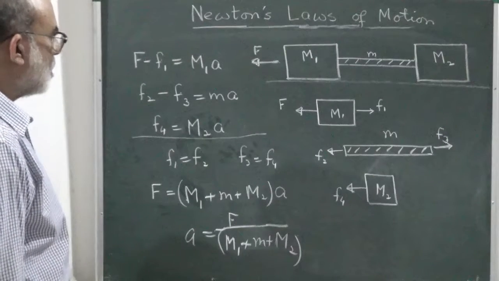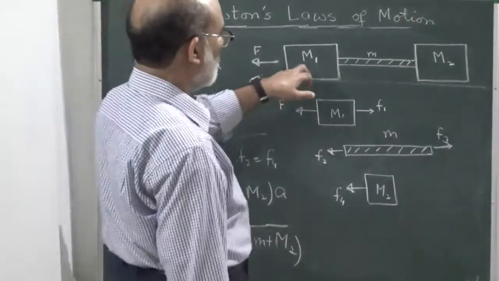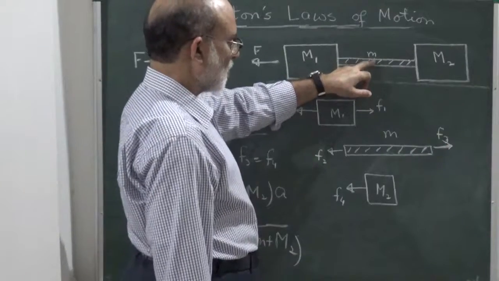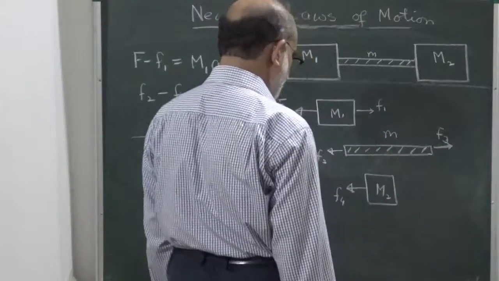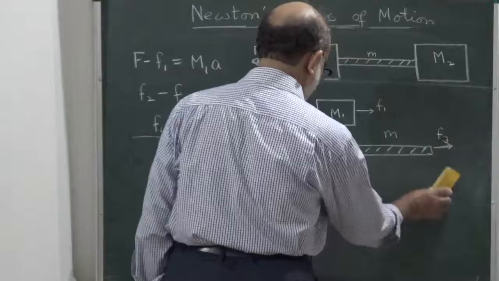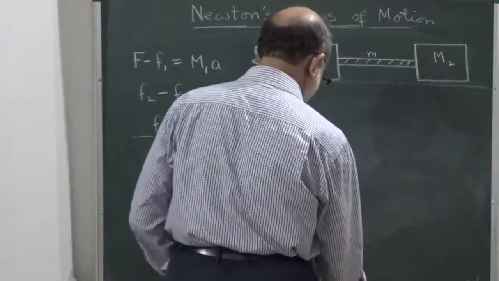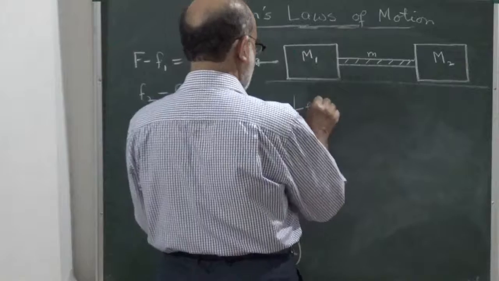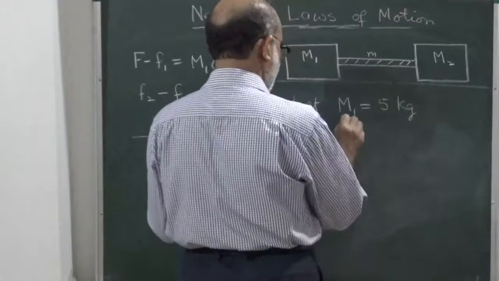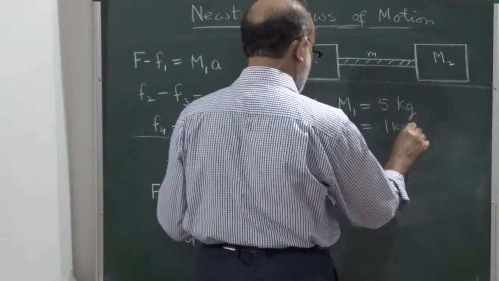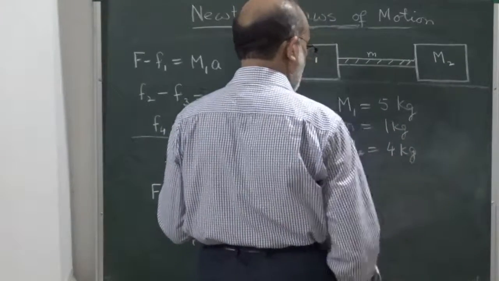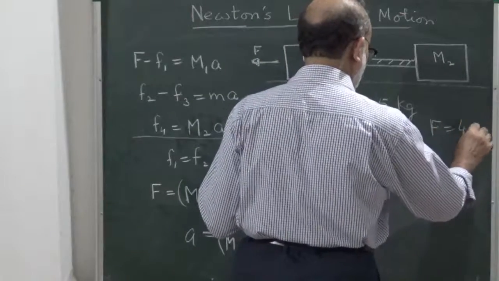If you take a numerical, suppose the masses are given: M1 is 5 kilograms, the mass of the rope is 1 kilogram, and the mass of the second block is, say, 4 kilograms, and the applied force is, say, 40 Newton.